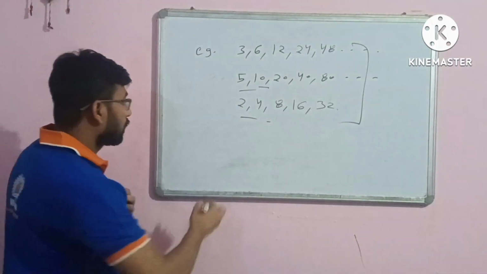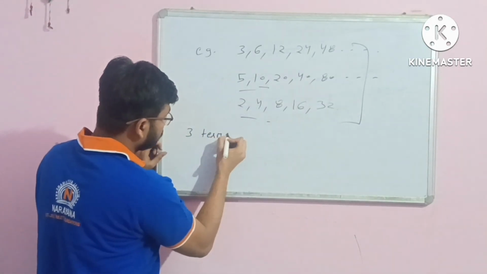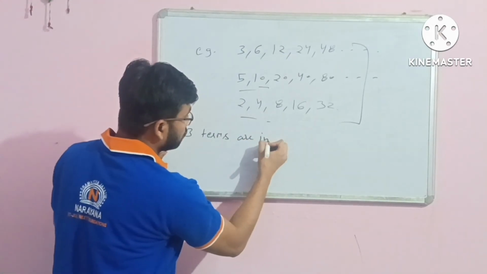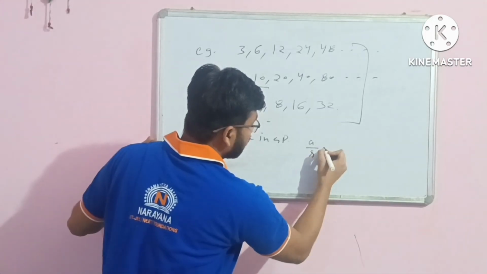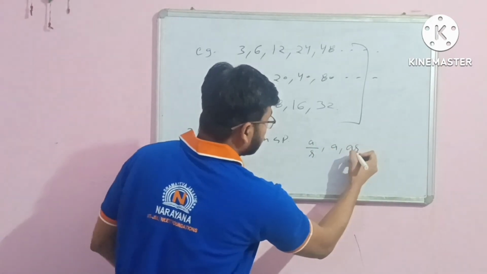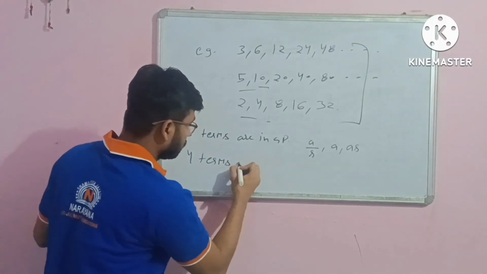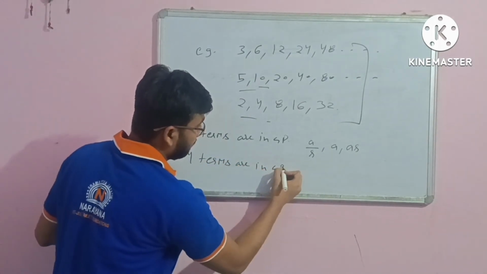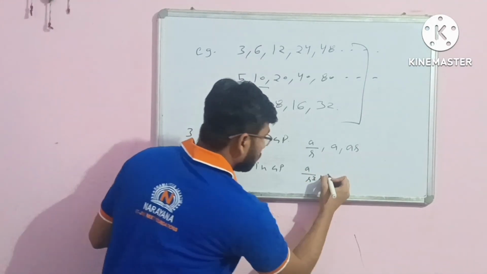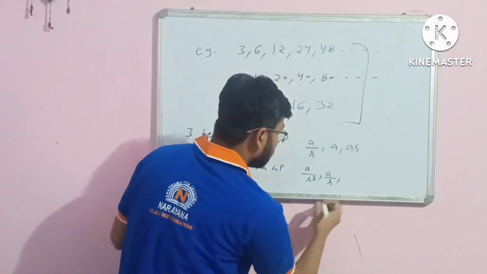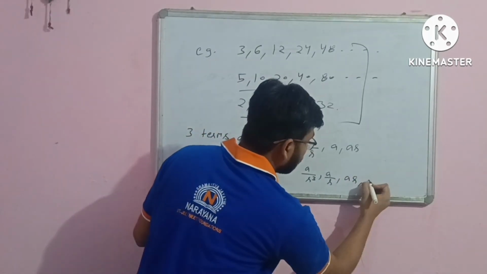And if, for example, three terms are in GP, then how to write these three terms? a by r, a, ar. If four terms are in GP, then how to write these four terms? a by r cube, a by r, ar, ar cube.